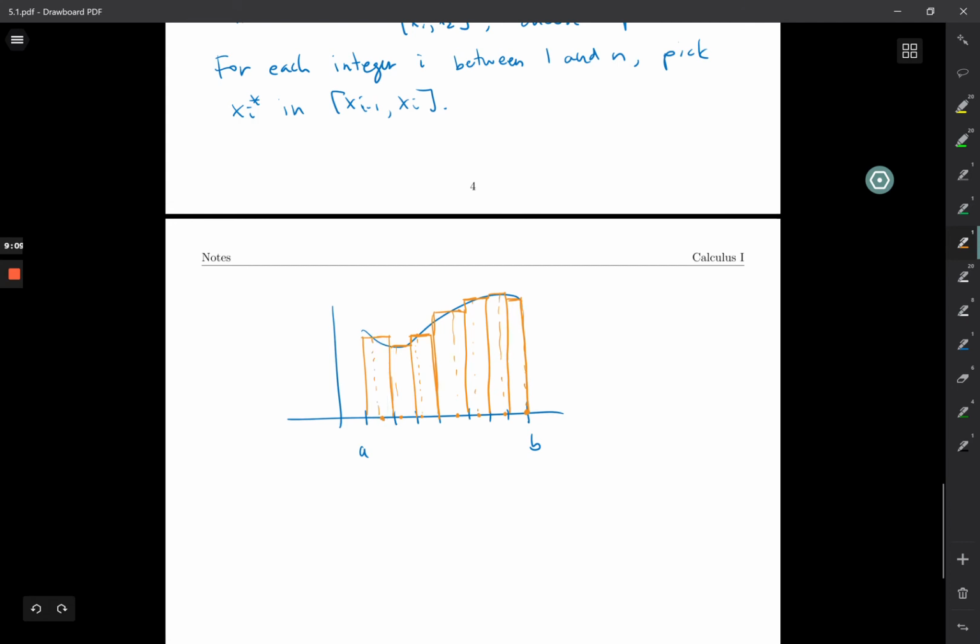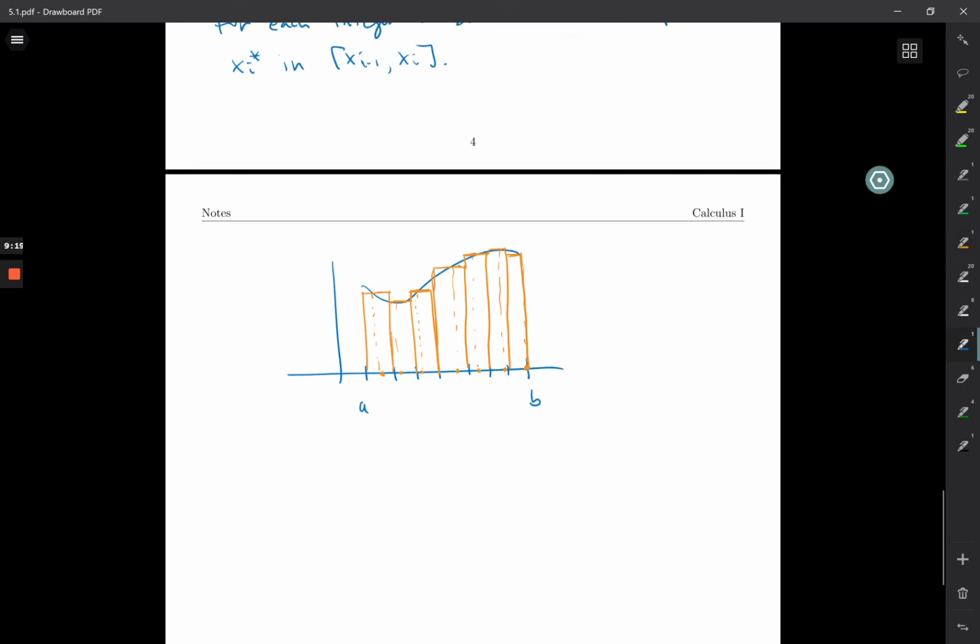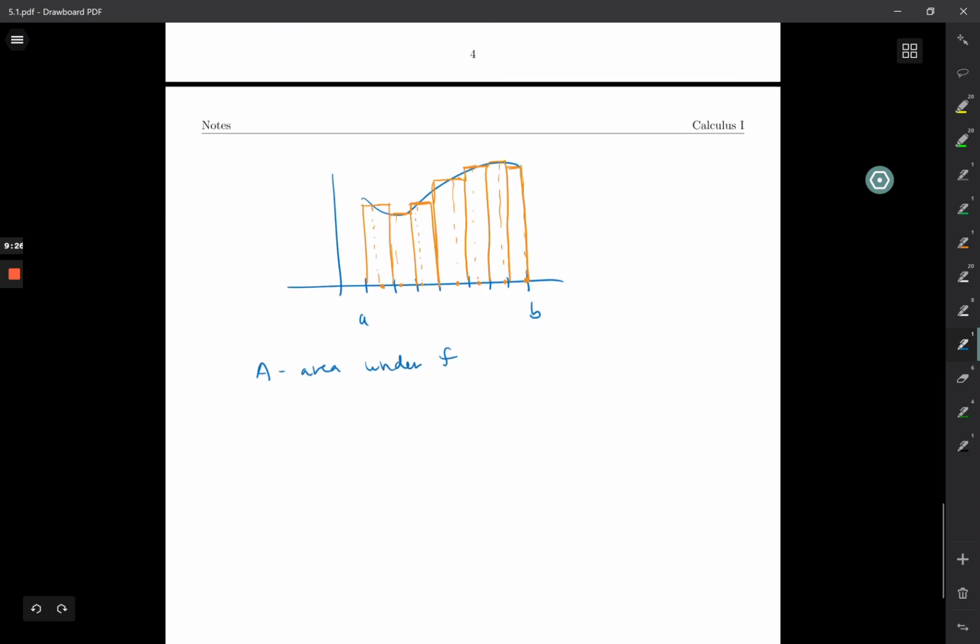There we go. Now what we're going to do is write down what this area is equal to. We're going to use A for the area under f. Since this is an approximation, we will write it as an approximation.